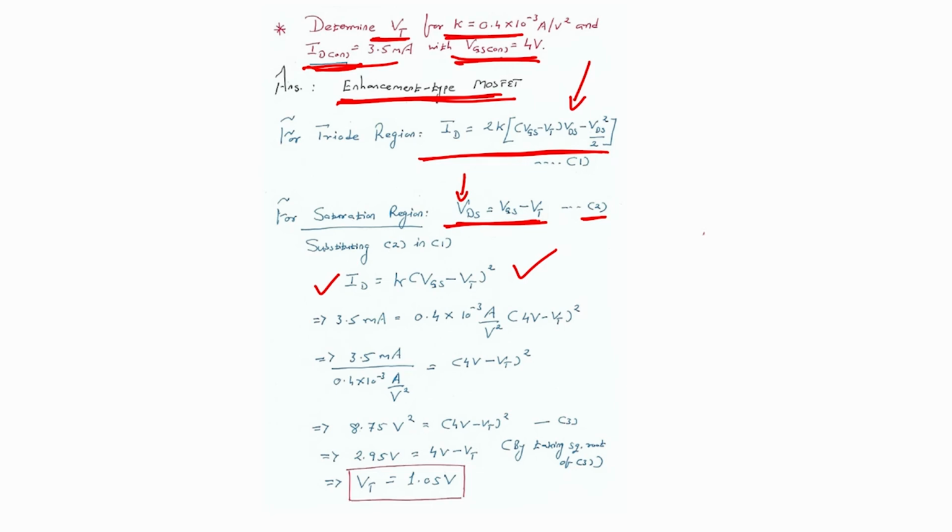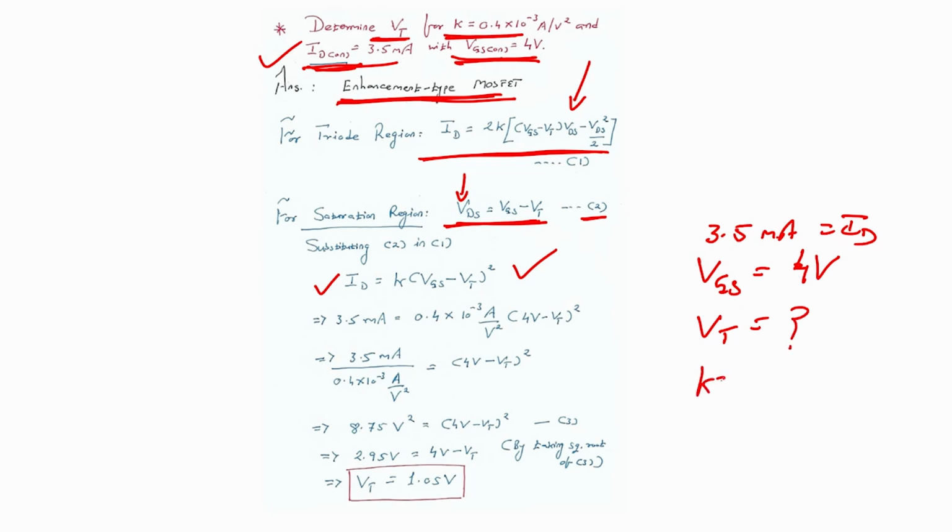Now, I already have ID. What is ID? 3.5 milliampere, it is already given here. I have VGS as 4 volts. VT I have to find out.